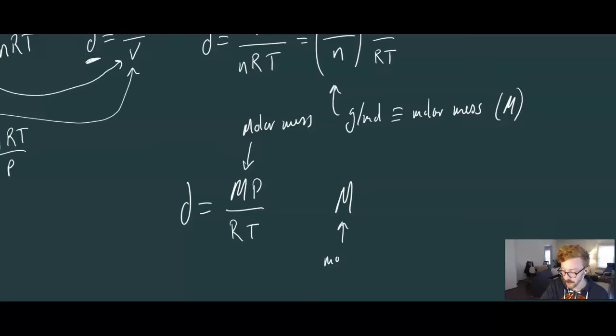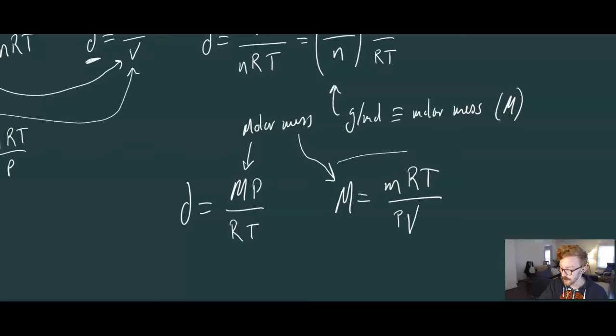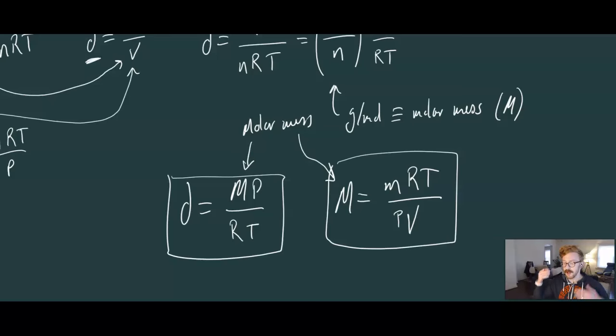Maybe I'll just draw the arrow over here. We can isolate molar mass and express this as a function of the mass of a sample of gas times the ideal gas constant R multiplied by T all over PV. So these are some useful expressions when thinking about calculating using density or molar mass or trying to derive those from given data.